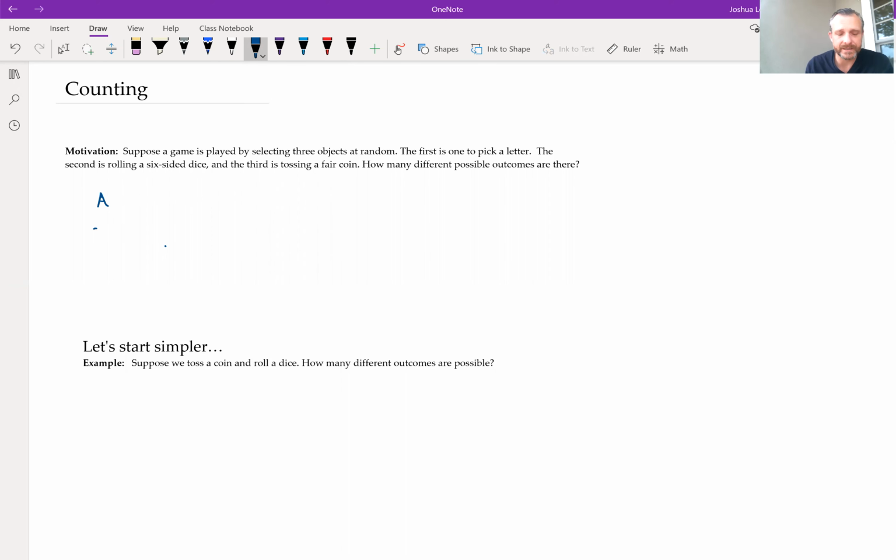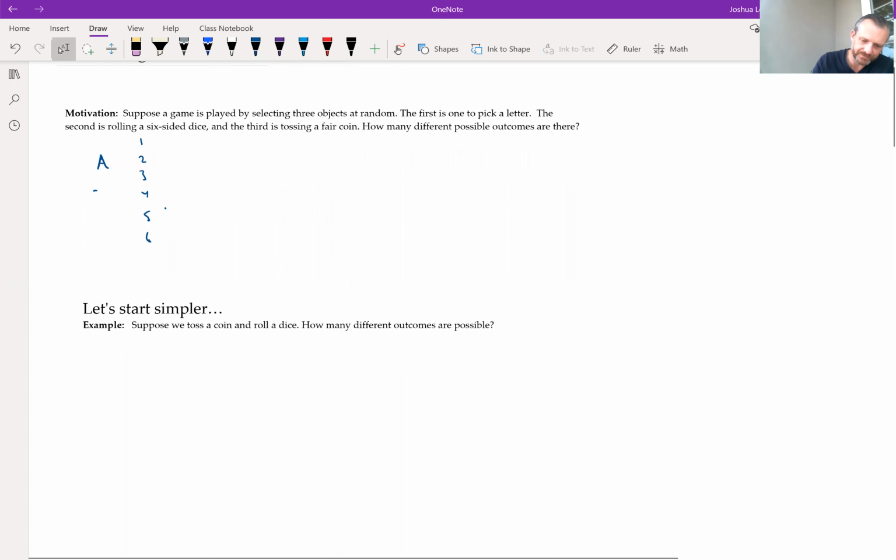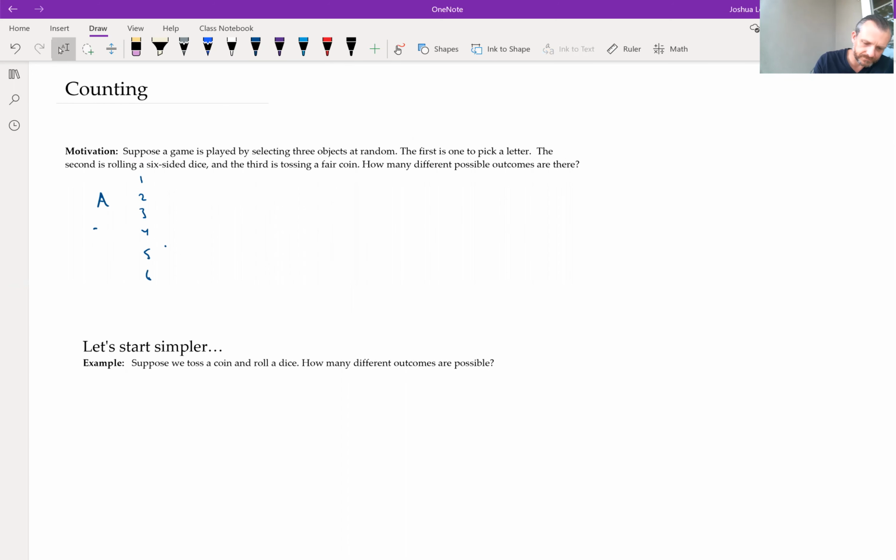And then from that letter A, you would have the dice, right? 1, 2, 3, 4, 5, 6. And then each of these is going to have 2 choices, right?